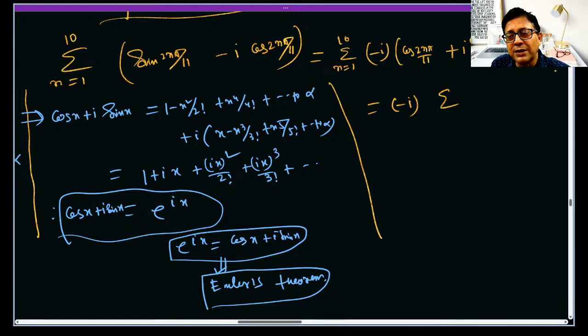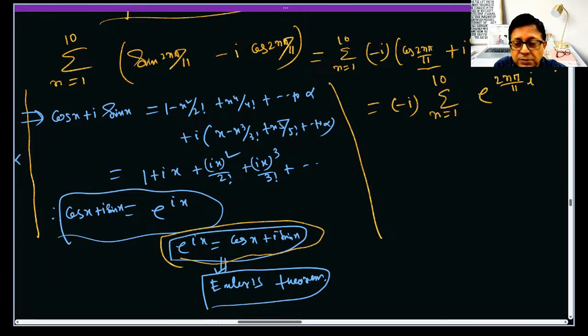Take minus i outside. Cos θ plus i sin θ is e to the power iθ. We have proved it also.